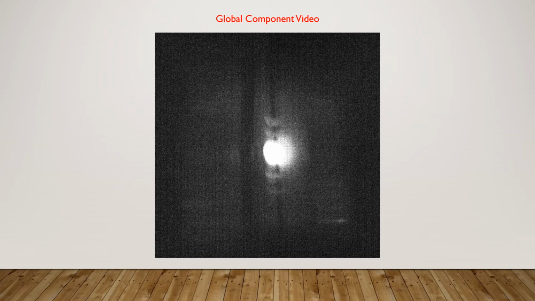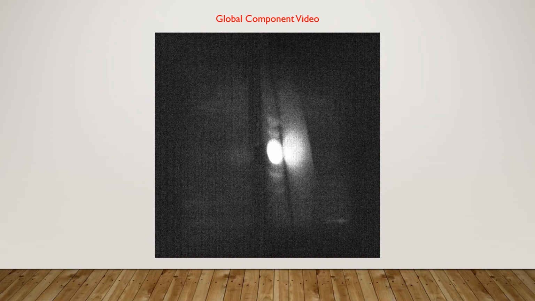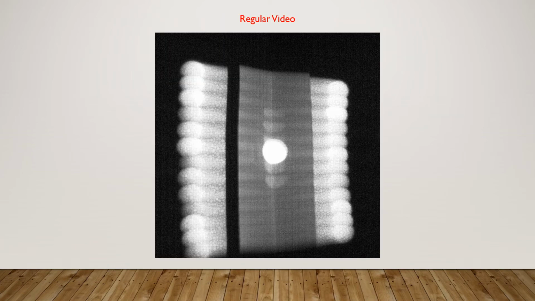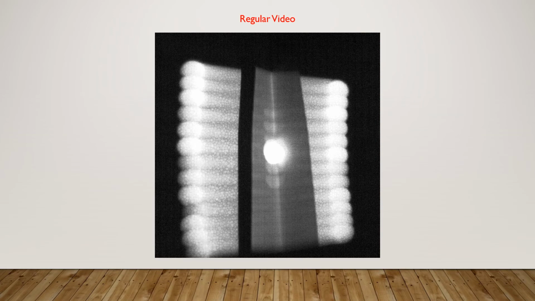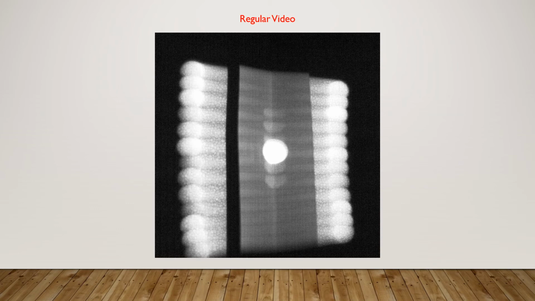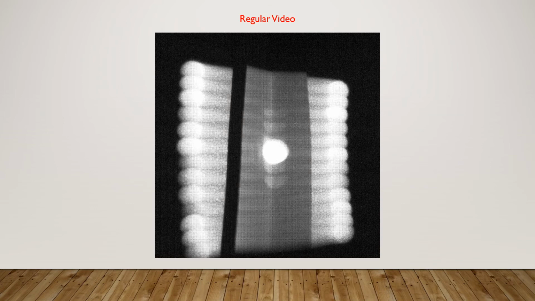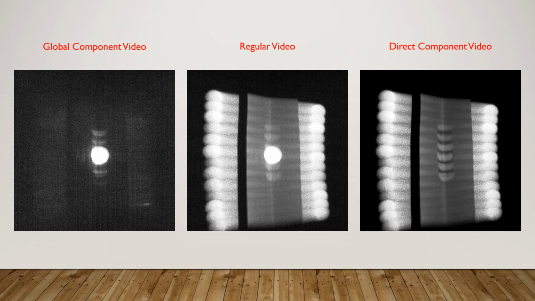The crease in the paper becomes darker over time due to less and less light being absorbed in that area. Next, finally observe the regular video and how it changes over time. Here are all three separation videos side by side.